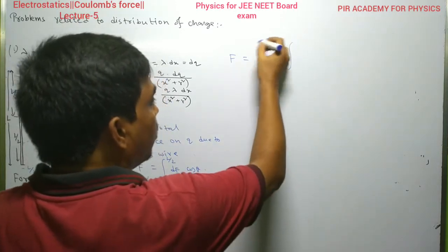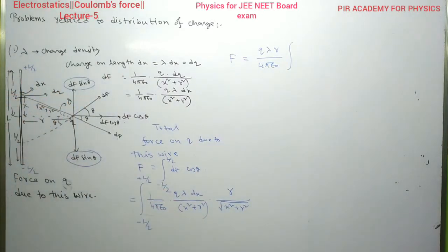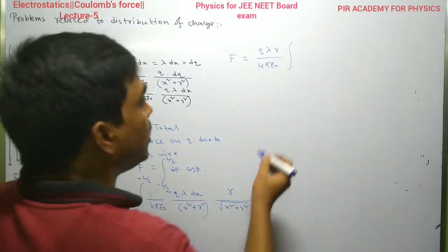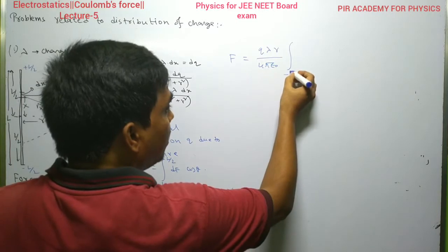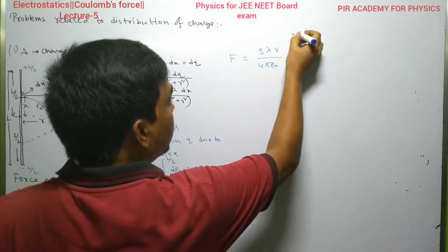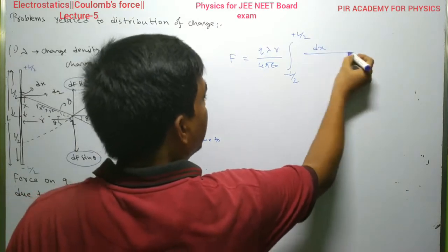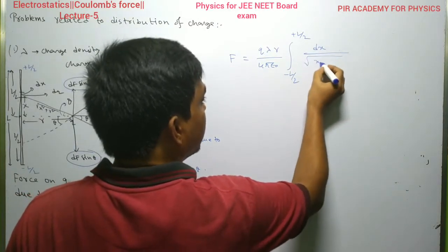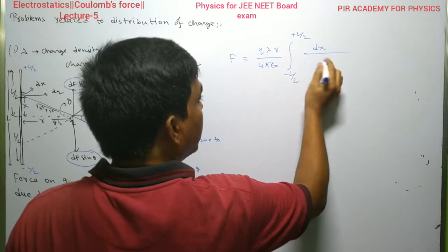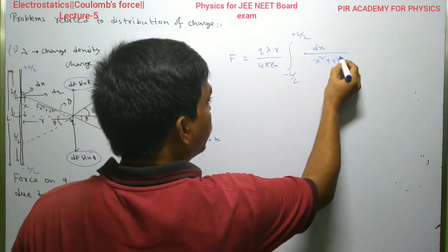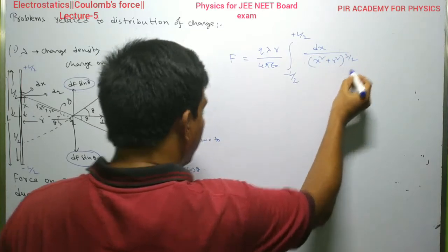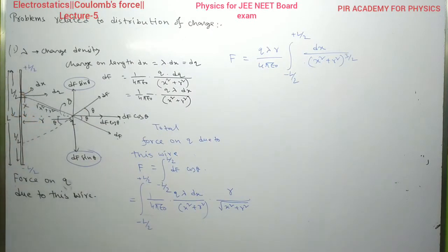So this quantity is taken out from the integration, then it will be from minus L by 2 to plus L by 2 of dx by (x square plus r square) whole to the power 3 by 2. This is half, this is 1, that means whole to the power 3 by 2. Now we have to integrate this value.